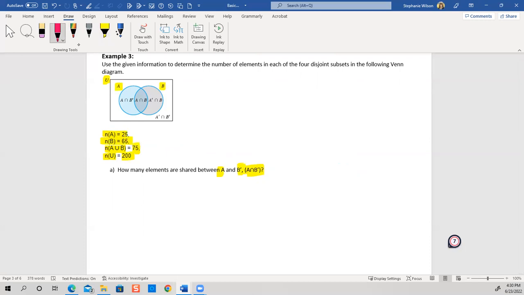To solve for that, we're going to take the number of elements of A union B and subtract the number of elements in B. It was given to us, right? 75 minus the B is 65. So my answer is 10. And you can come back and label this up here. That's 10.